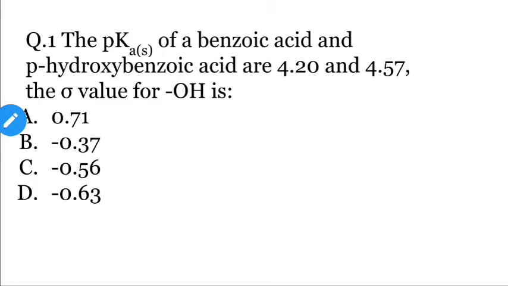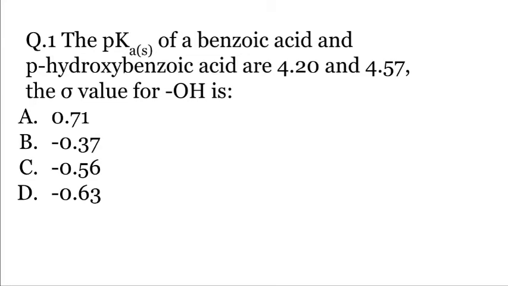There are two effects, the electronic effect and the steric effect. So this is an electronic effect. Let us solve some questions related to the Hammett equation. The question is this one. The pKa of benzoic acid and para-hydroxybenzoic acid are given as 4.20 and 4.57. What is the value of sigma for OH?